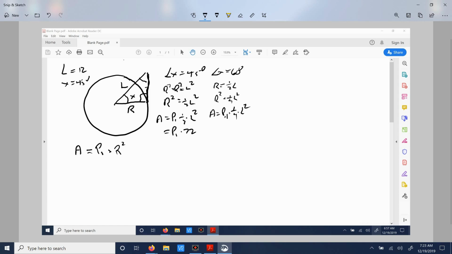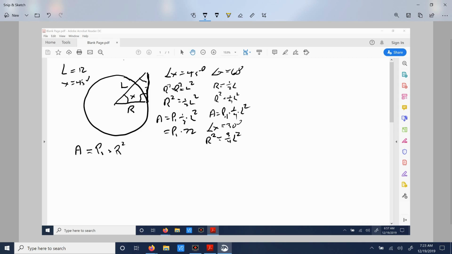What if angle X had been 30 degrees? Well, now you use the Pythagorean theorem again, and you would be able, with the Pythagorean theorem, to demonstrate to yourself that R squared is 3/4 L squared. Use the Pythagorean theorem to get that.